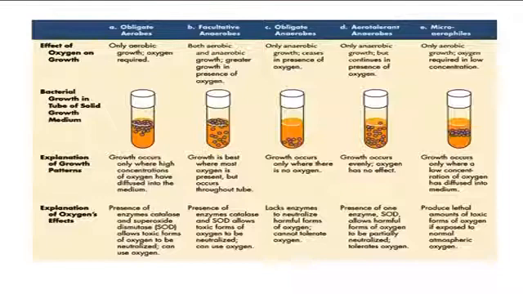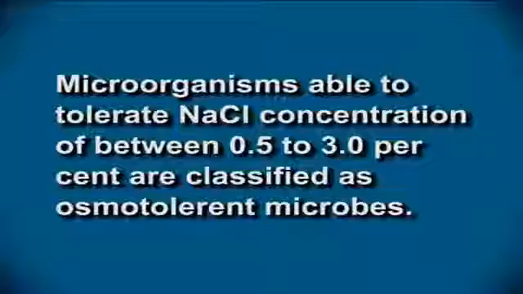The effect of osmotic pressure on microorganisms. Osmosis is the diffusion of water across a semi-permeable membrane from a less concentrated solution to a more concentrated one, equalizing concentrations. The pressure required to make this happen is called the osmotic pressure.